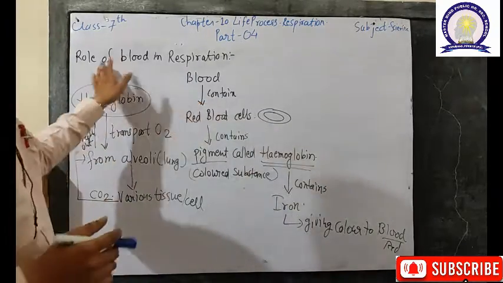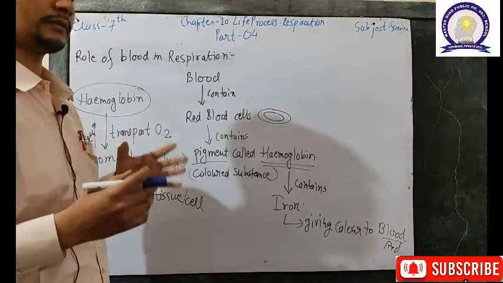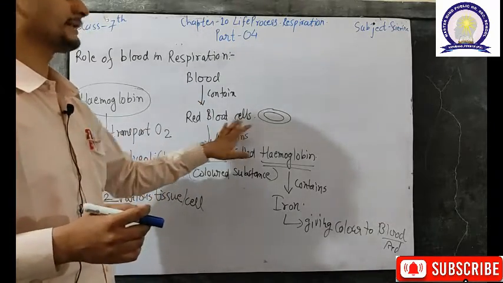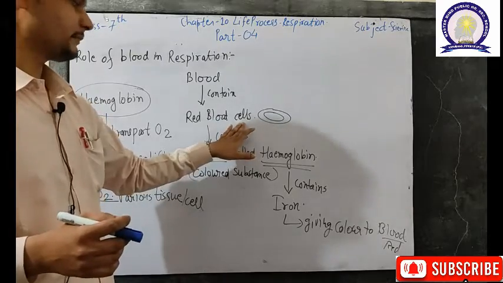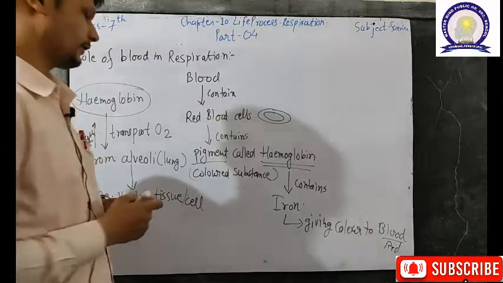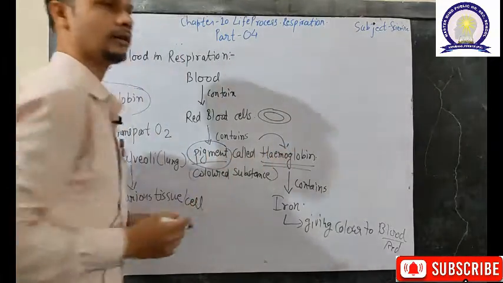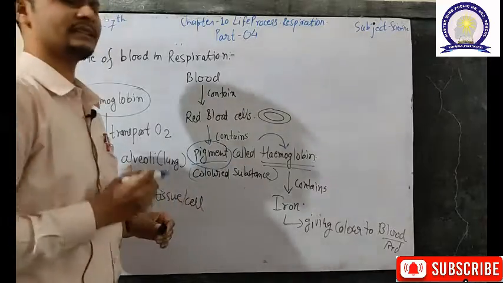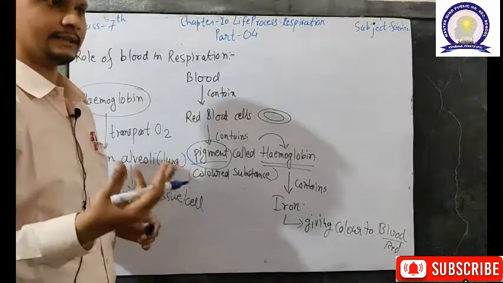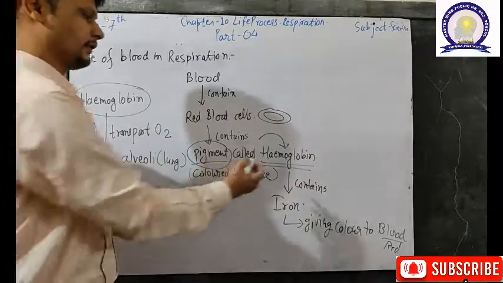Here we know that blood contains a certain kind of small cell called the red blood cell. These red blood cells are disc shaped and they contain a special type of pigment called hemoglobin. Here pigment means a colored substance, a biological molecule present inside the red blood cell called hemoglobin.